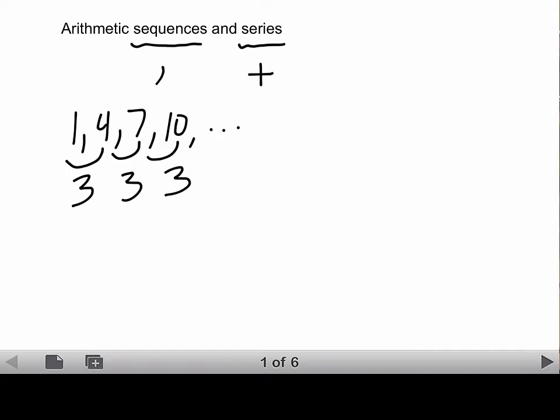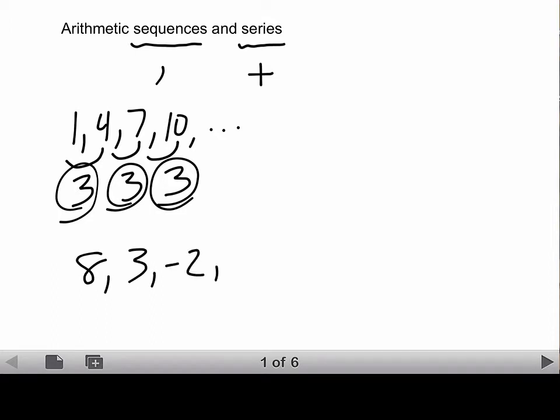If you can add the same thing to a term each time to get the next term, it's an arithmetic sequence. Another example of an arithmetic sequence would be 8, 3, -2, -7, -12, and I'm going to put a comma and a ... indicating it keeps going as you would expect.